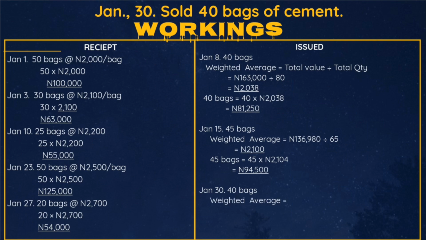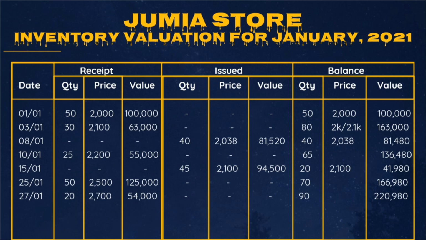So the weighted average, if we go back to our inventory account, the total value is 220,980, while the total quantity is 90, which means the total value of inventory in the store is 220,980, while the total number of bags of cement in the store is 90.